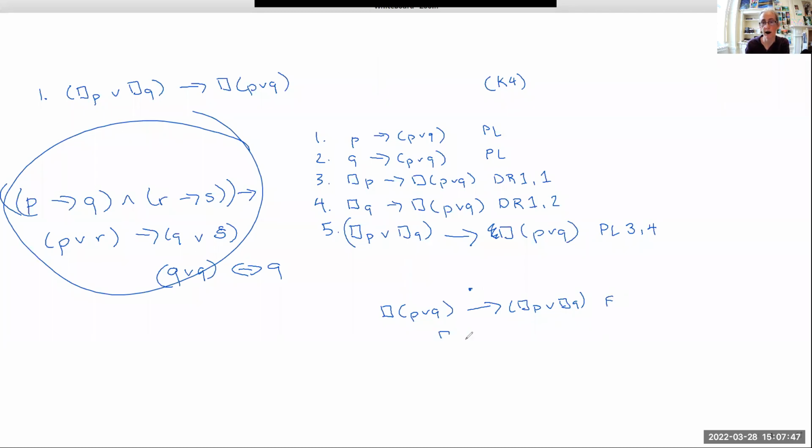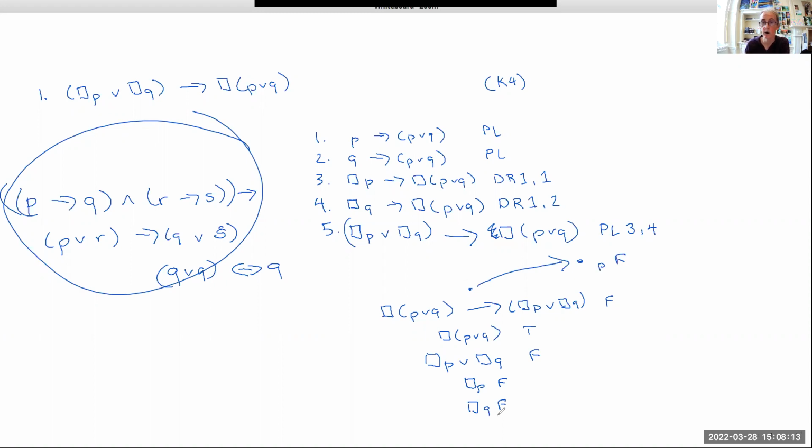We will have this by showing that the antecedent is true, so necessarily P or Q, but that the consequent is false. Now, if we have a disjunction that's false, this means that both of the disjuncts have to be false. For necessary P to be false, there's got to be some world that we can see where P is false.